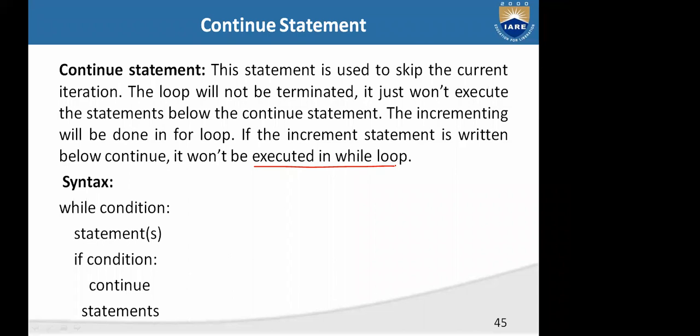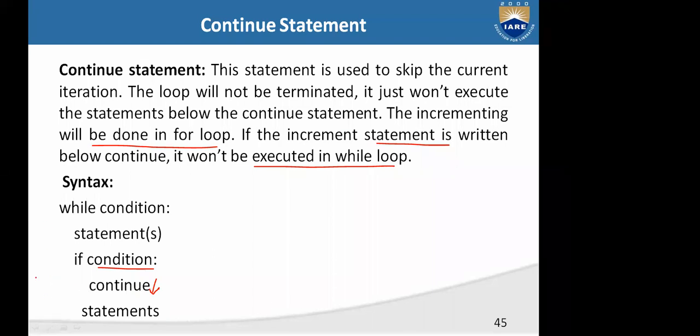The increment is done automatically in a for loop, but in a while loop we should write it. Write an if condition, and if the condition is satisfied, continue. Then next we write i equal to i plus 1. That time it is updated.